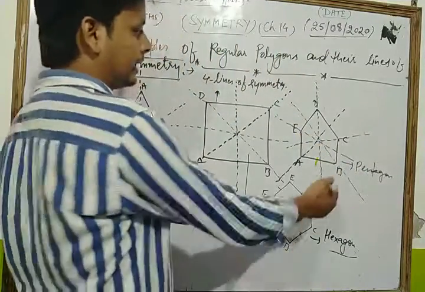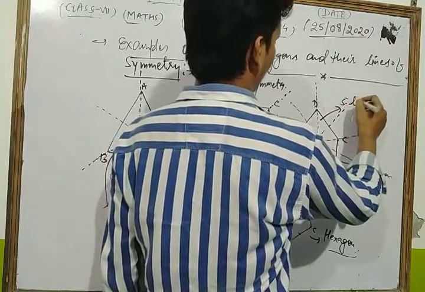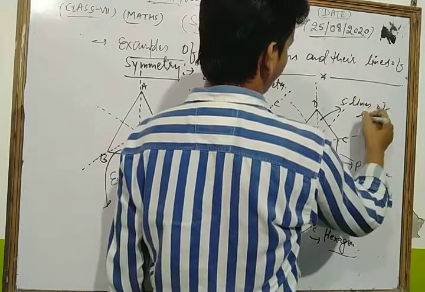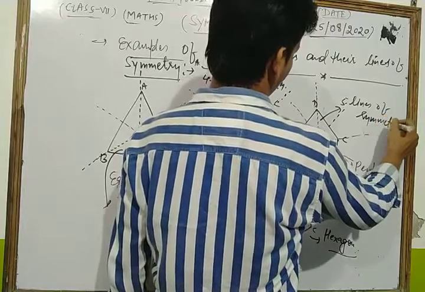So we can say that a pentagon has 5 lines of symmetry.